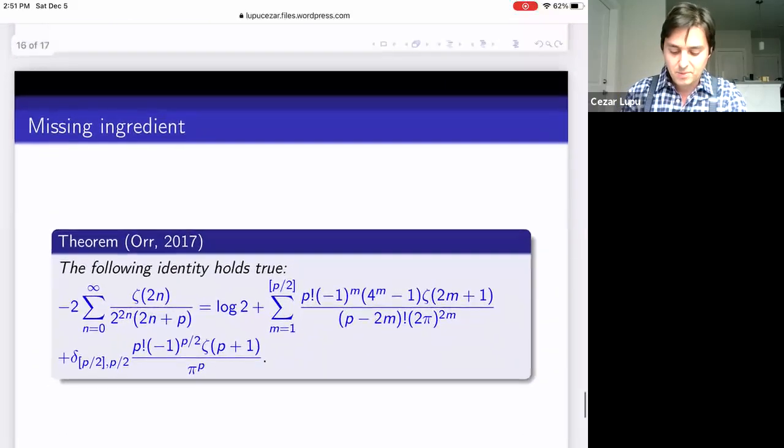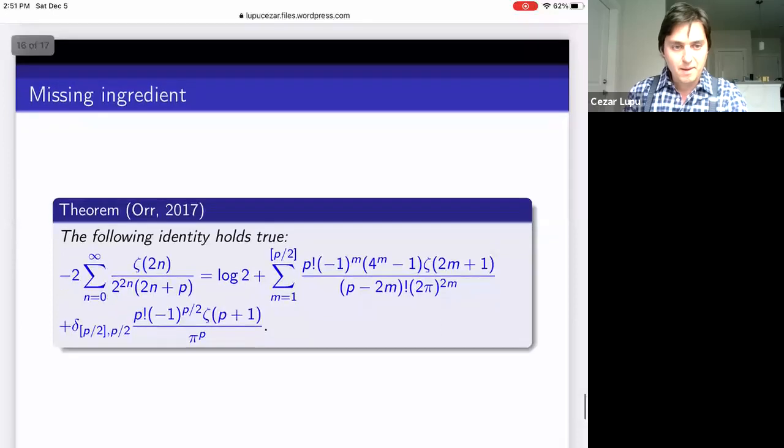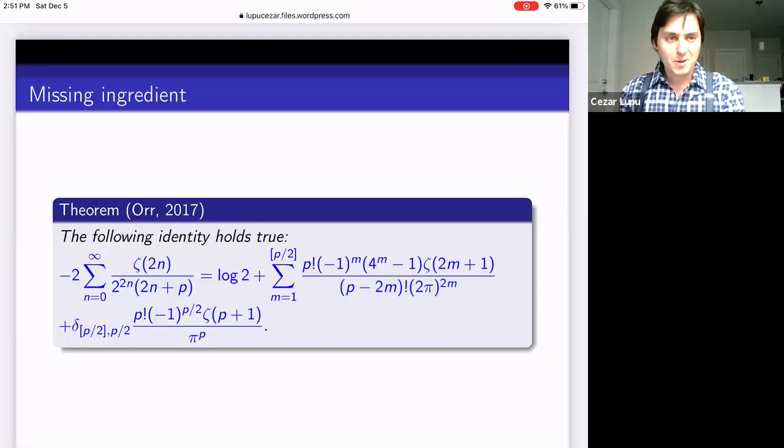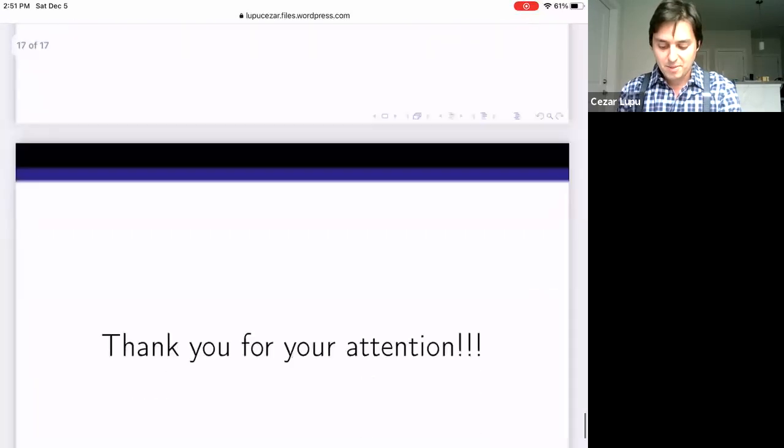We can prove this identity, which relates that rational zeta series with a finite sum involving odd zeta values. Anyway, I'm not going to go into details, but the proof is simple but quite technical. So I guess I'll stop here. Thank you very much.